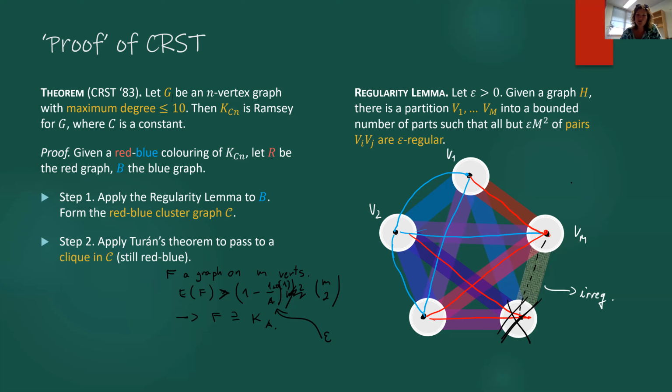Because we want to pass to a single color. And using Ramsey's theorem, we find a blue clique of size 11. I'll tell you why we want a clique of size 11. I will now erase this ink, this Turán's theorem, unless someone objects very quickly.